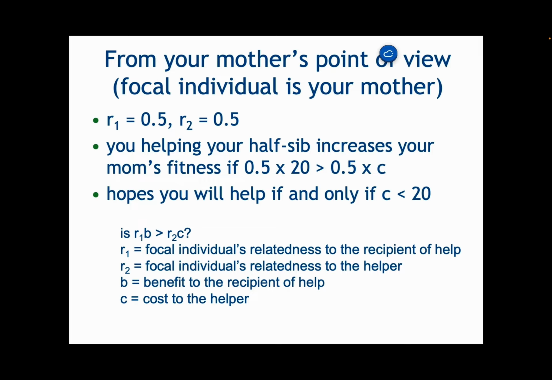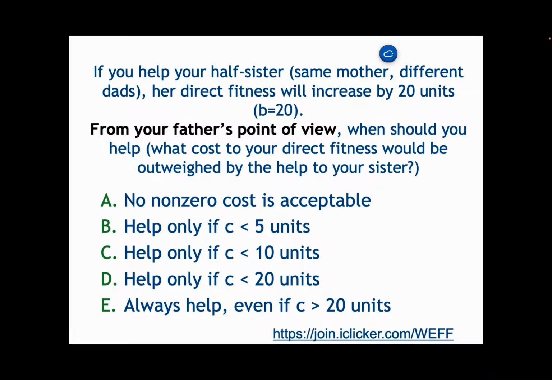You are 4 times as related to yourself as you are to your half-sibling. But from the point of view of your mother, your mutual mother, each of you is equally valuable. So there's a disagreement even among these very closely related relatives in how much help you should be willing to provide to another relative.